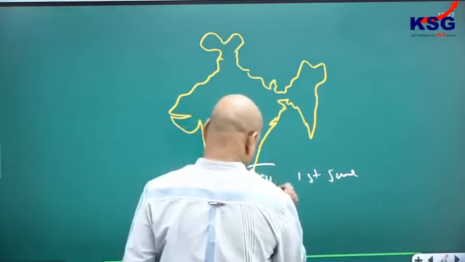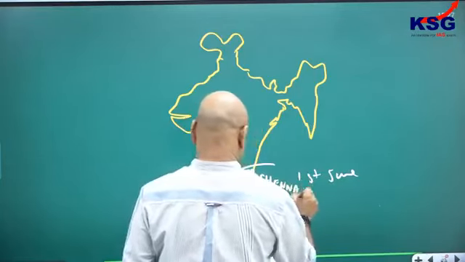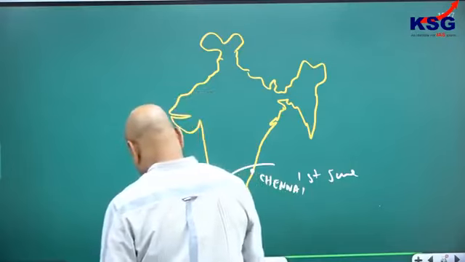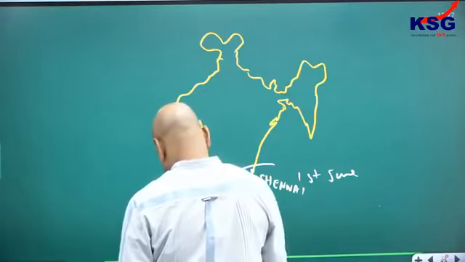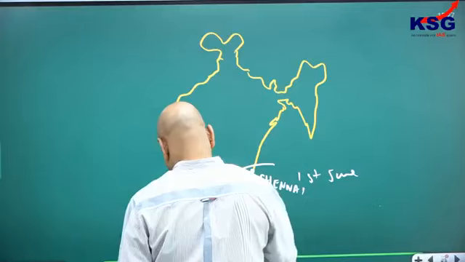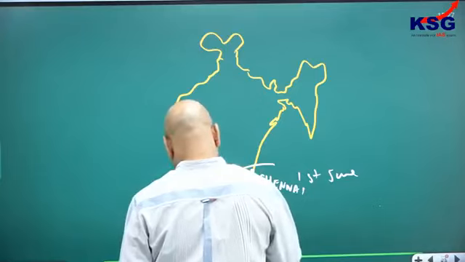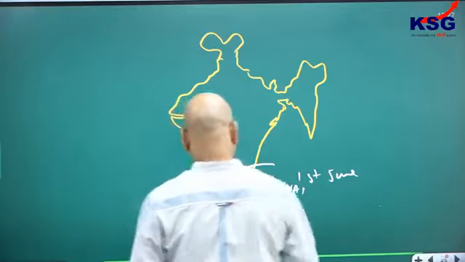This is Chennai. Thiruvananthapuram और त्रिवेंद्रम. Draw this.